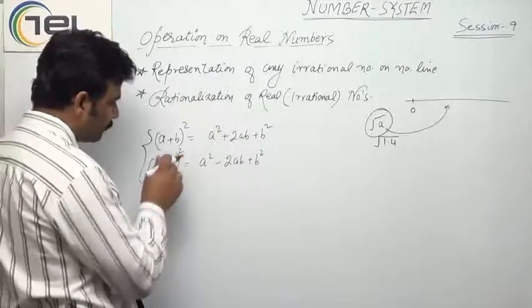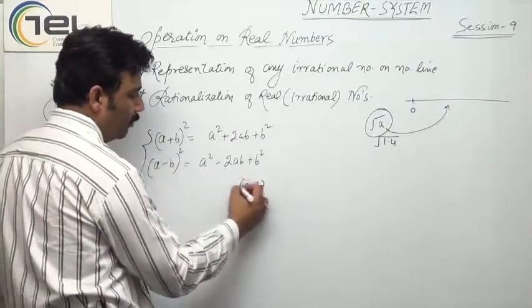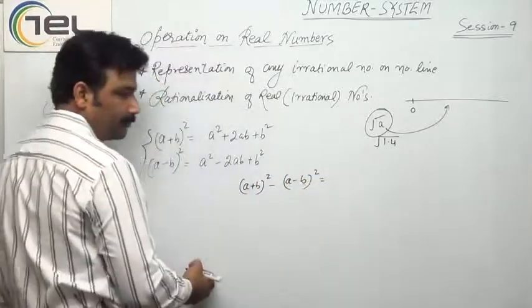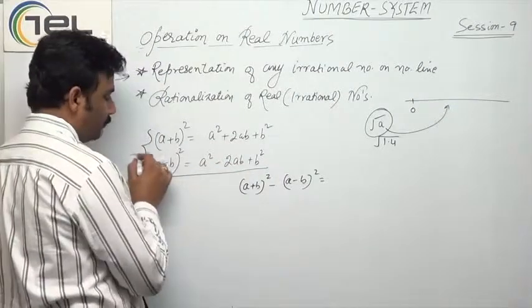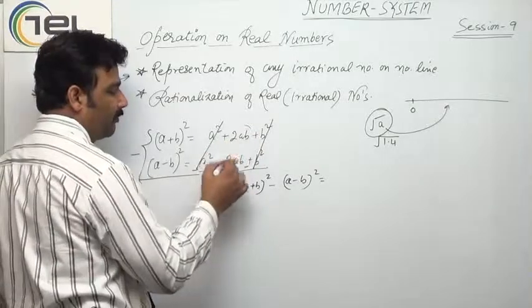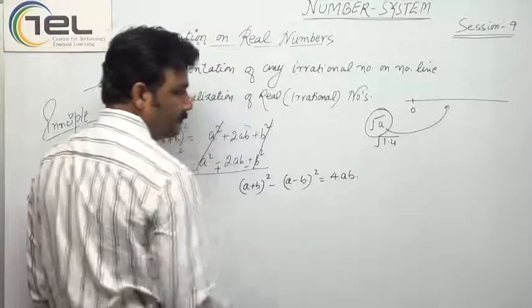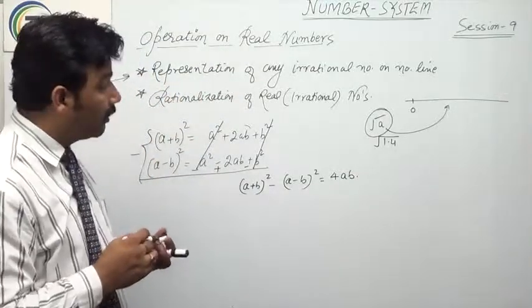Let's say the difference of these two, (a plus b) whole square minus (a minus b) whole square. If I subtract these two, this will be cancelled and this will be cancelled. Only this will be left with positive sign. It will be 4 times ab. But I need a.